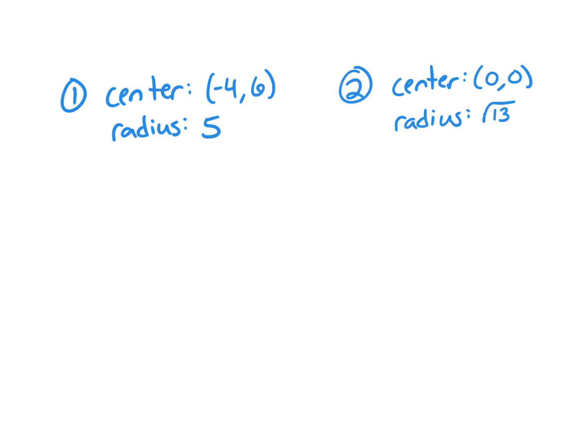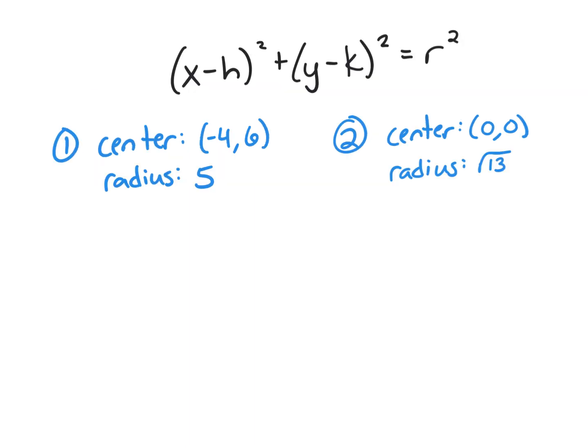Write the equation of those 2 circles. So again, what are the 2 things you need in order to write the equation of a circle? Center and radius. Do we have both of those? Yes, we can go right into plugging in values to that equation.